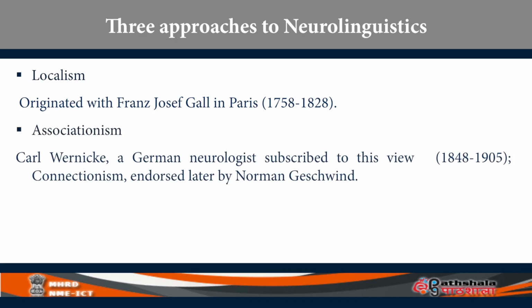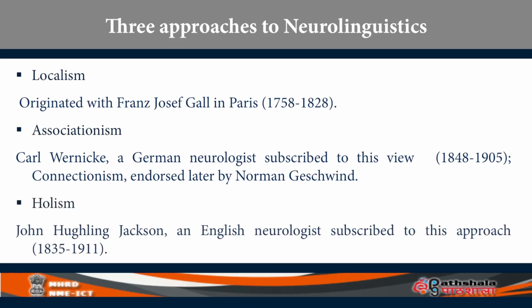One of the main persons associated with associationism is Karl Wernicke, a German neurologist, who was born in 1848 and lived till 1905. These ideas of associationism eventually became connectionism much later. We will talk about that in another module. Then the third approach is holism, associated with Hughlings Jackson, an English neurologist, 1835 to 1911. I will say a little more about each of these three approaches.